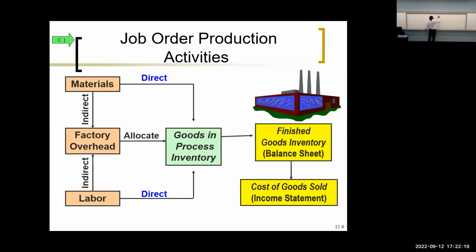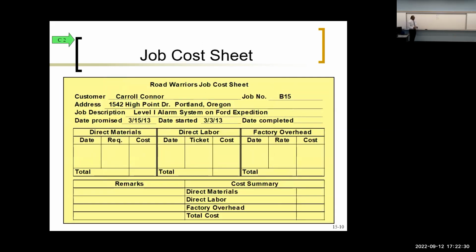Direct materials, direct labor, and overhead. So first I'll show you how to do direct materials. So this is a job cost sheet. Most of the time, this will be done in the background now.